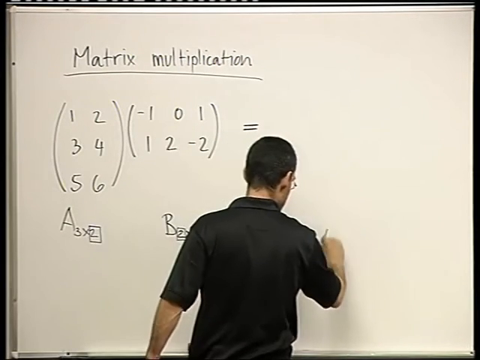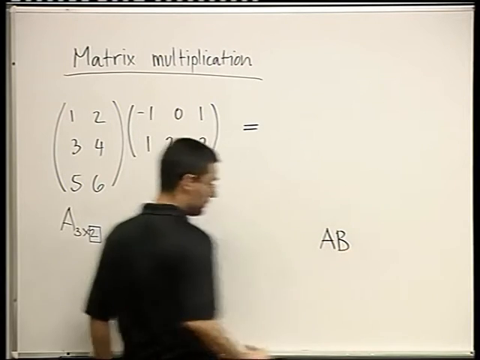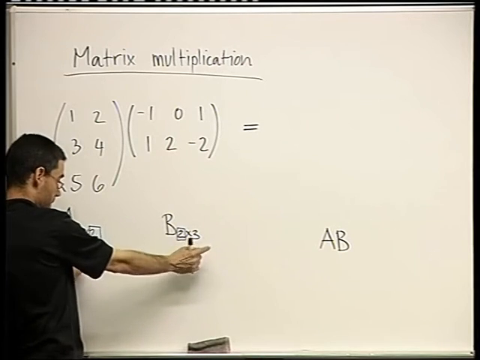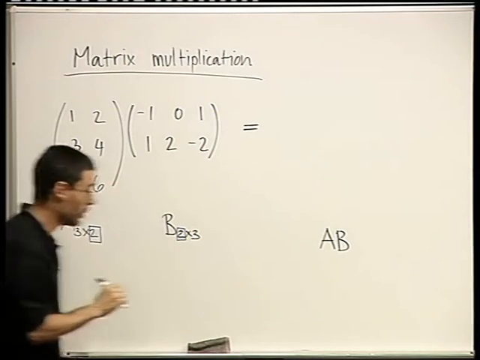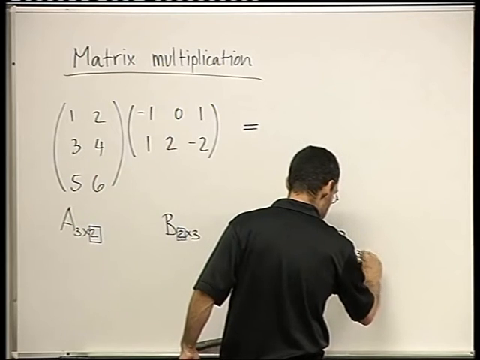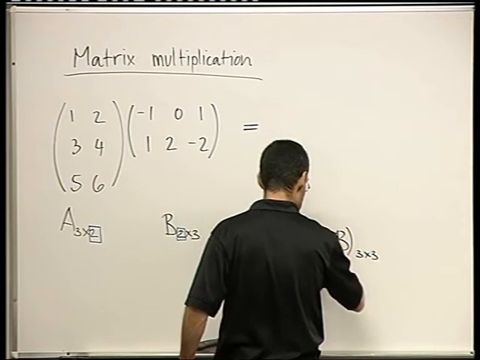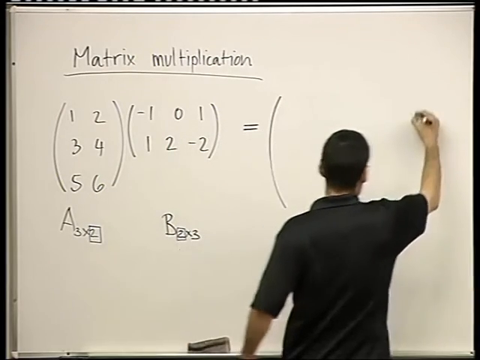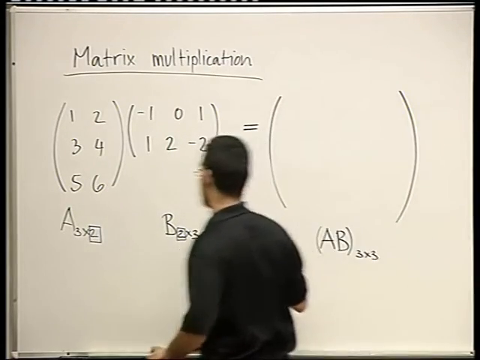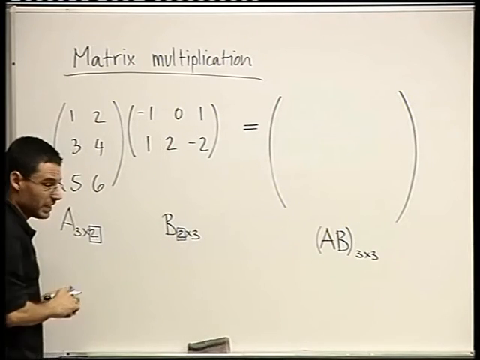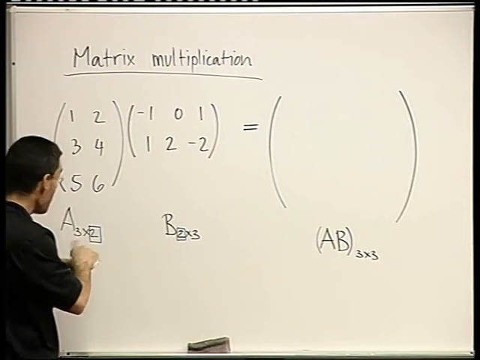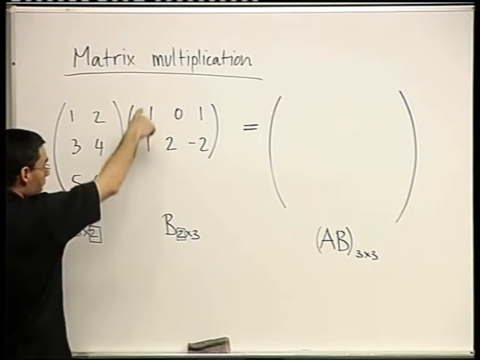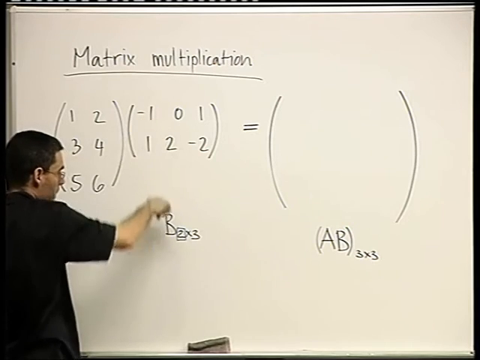The product, which we're going to call AB, is going to be a 3 by 3 matrix. The 2's kind of cancel out if you want. So I told you the size. Now all that remains is to tell you what the entries are. Okay? And the entries are calculated as follows. You take the first row of A and multiply it by the first column of B.